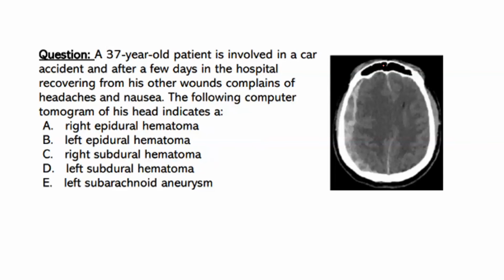This is another hematoma question. I'm going to be honest, even without reading the case, you can sort of tell from the image, because you can see the classic banana shape that we talked about here.